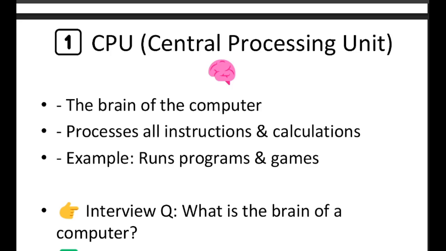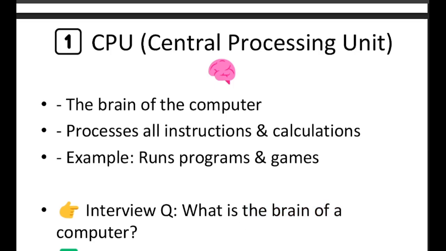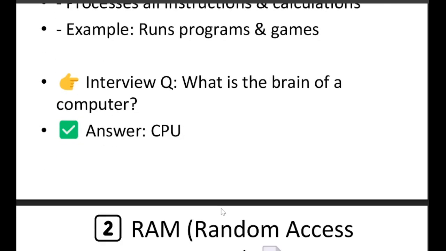So in a simple way, you can understand that the CPU is the brain of the computer. All the instructions are processed by the CPU only. You can see a question here: what is the brain of a computer? It's the CPU.